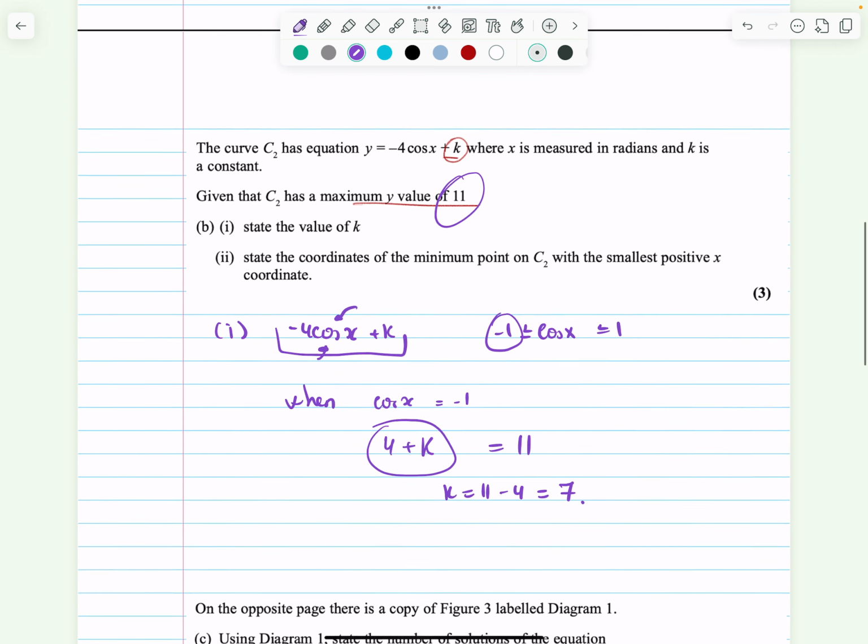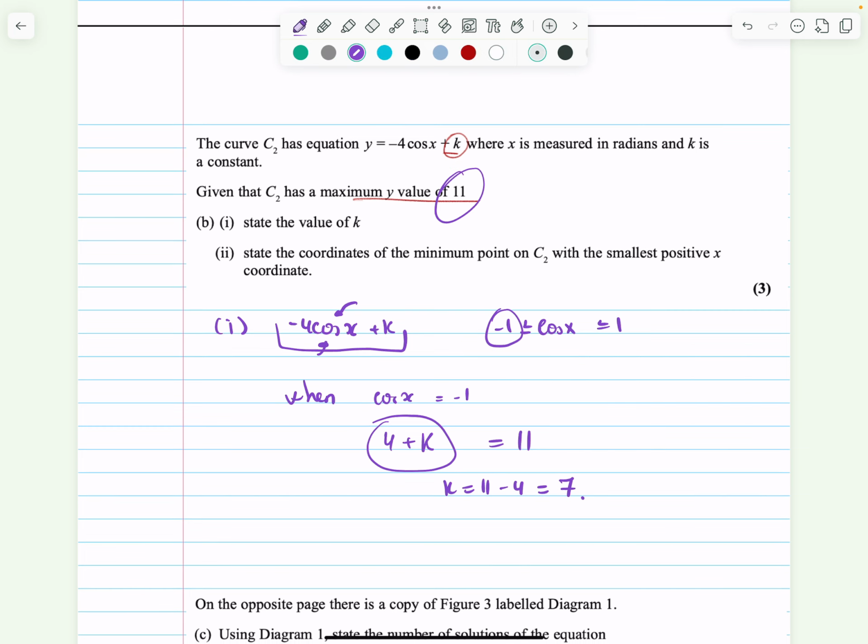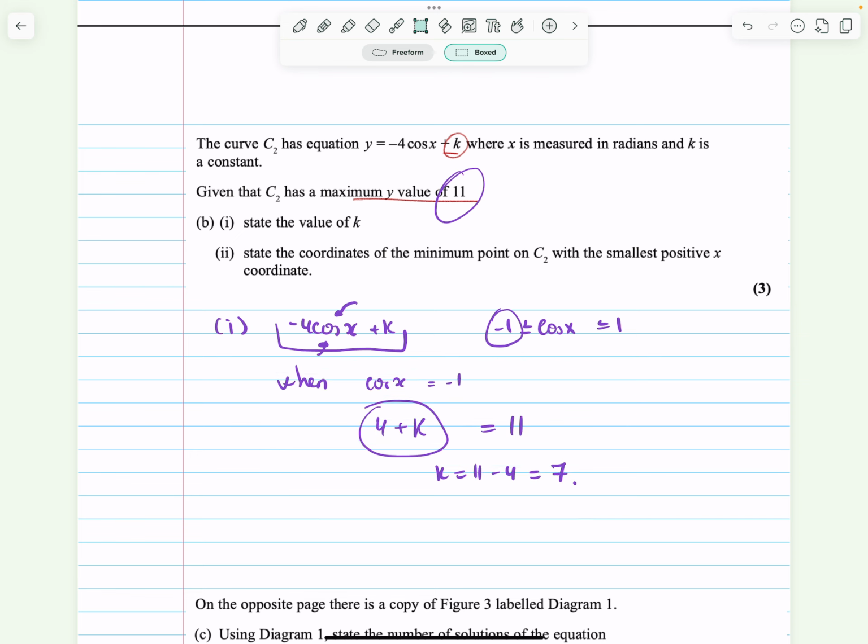So then they say state the coordinates of the minimum point on C2. We're talking about this one where we found that k is going to be 7, which means, I wrote it here in a very ugly way, which means the function or expression now is -4 cosine x plus 7.